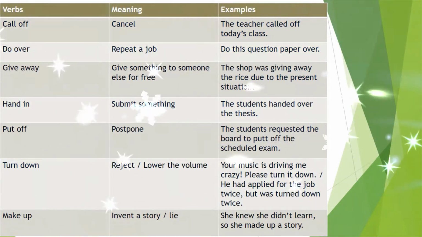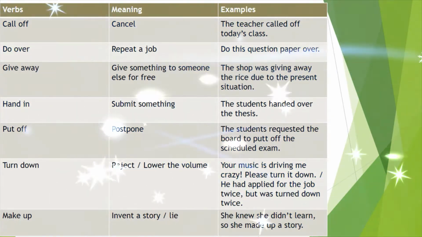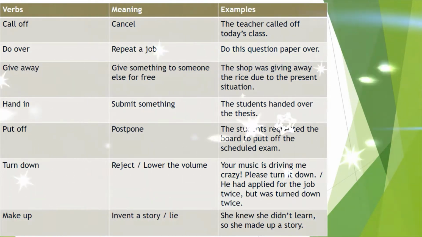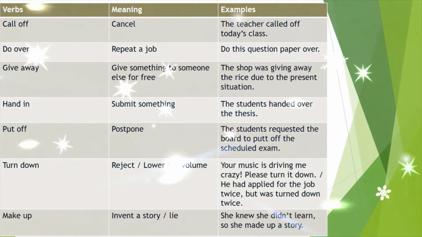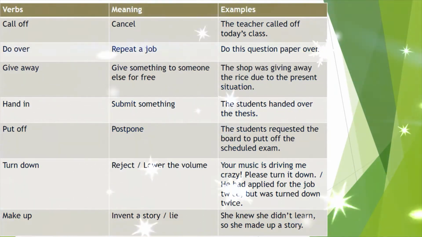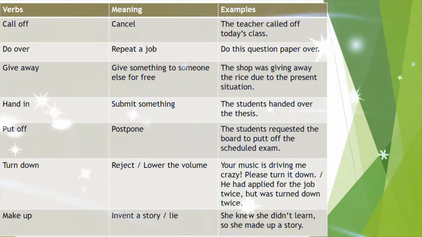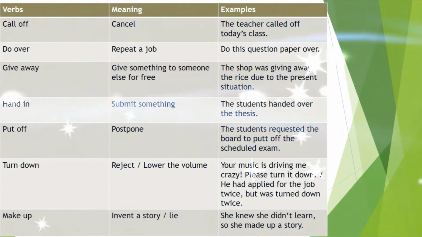That means repeat a job. Do this question paper over. Here we can see the phrasal verb do over is placed in that sentence. Next comes give away. Give something to someone else for free. That is the meaning. The shop was giving away the rice due to the present situation.